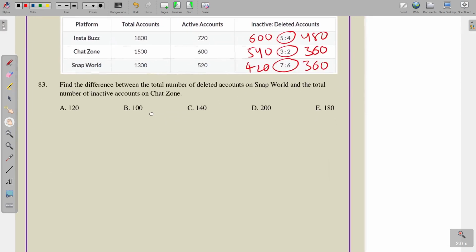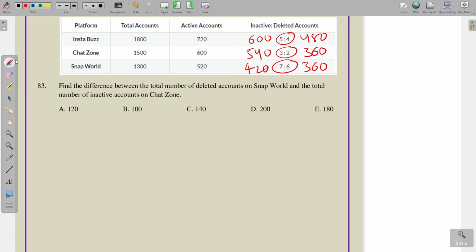What is the answer for the first question? Find the difference between total number of deleted accounts on Snap World and total number of inactive accounts on Chart Zone.